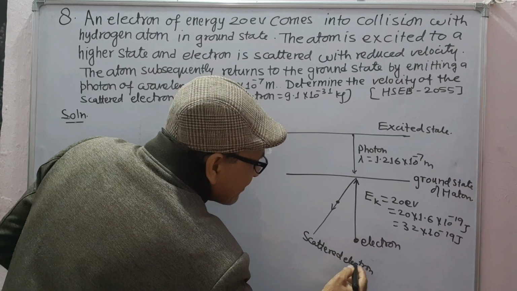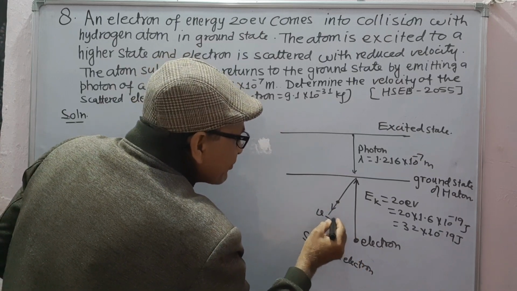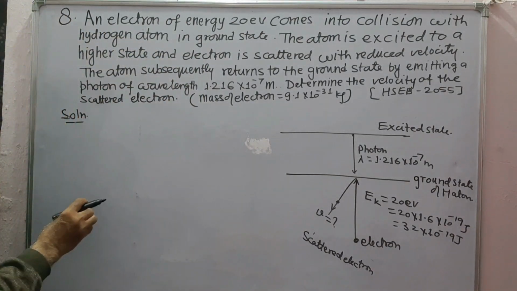Scattered electron with velocity v. We have to find the velocity of scattered electron.